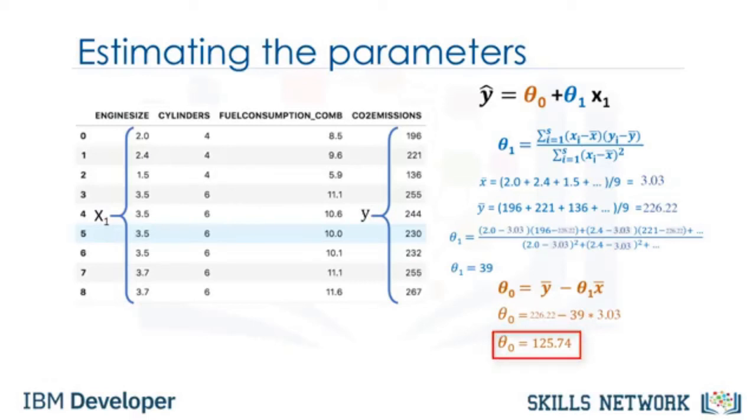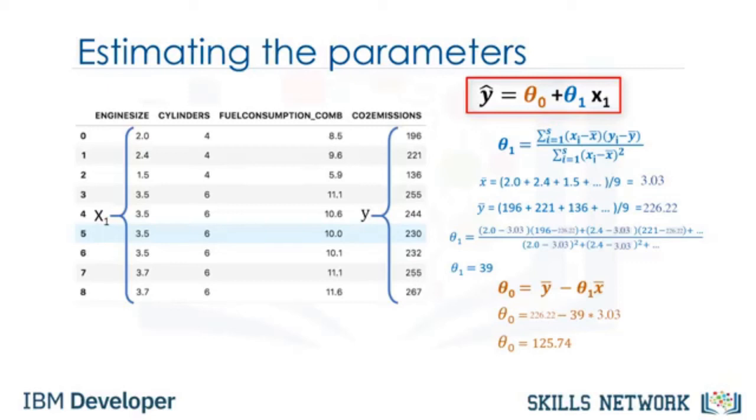As a side note, you really don't need to remember the formula for calculating these parameters, as most of the libraries used for machine learning in Python, R, and Scala can easily find these parameters for you, but it's always good to understand how it works.